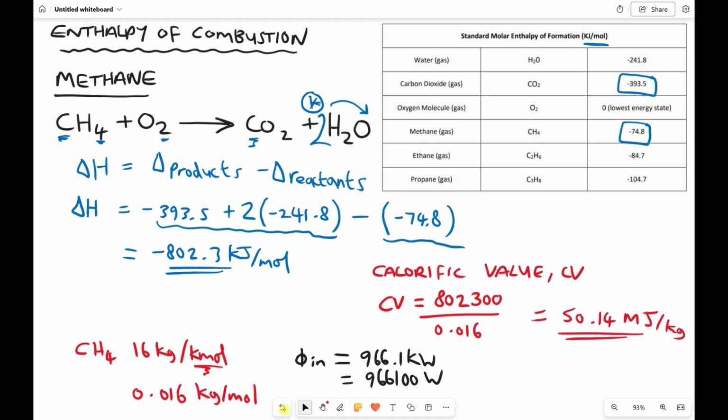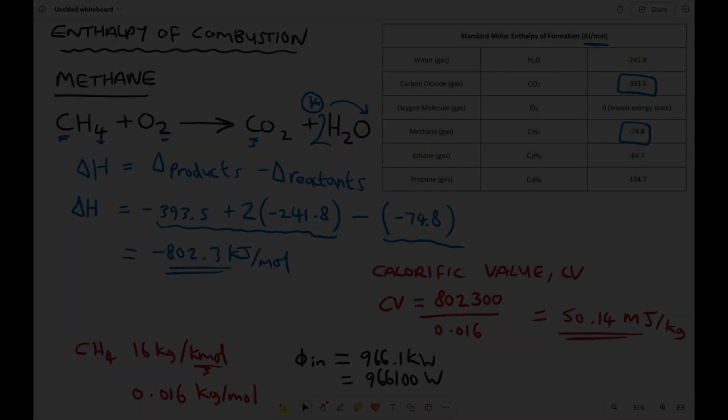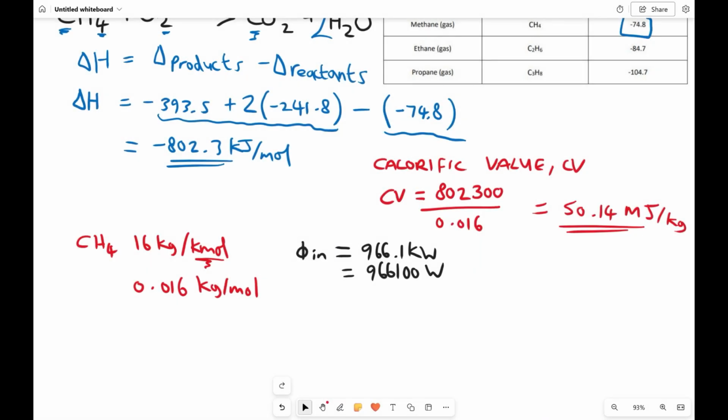Let's create a little more space. So now that we know the amount of heat energy that's being supplied to our combustion chamber, we can determine the mass flow rate of fuel into the combustion chamber. We're going to assume that the combustion of the fuel is 100% efficient, so that means all of the energy that's being supplied in our combustion chamber must be coming from the combustion of our fuel.